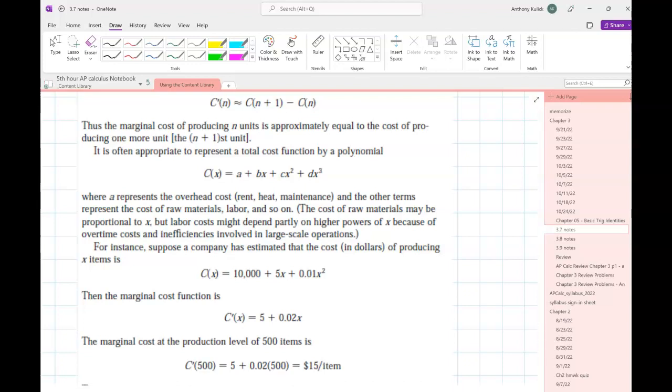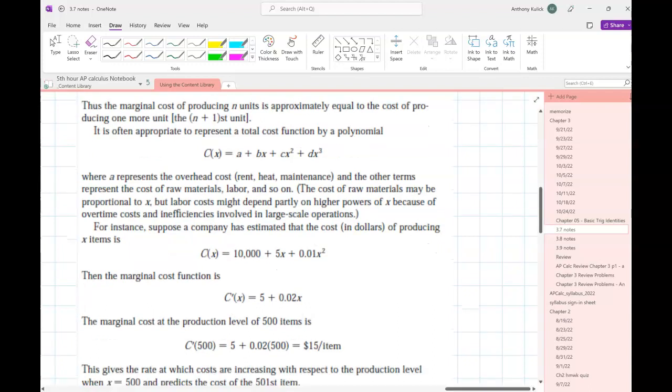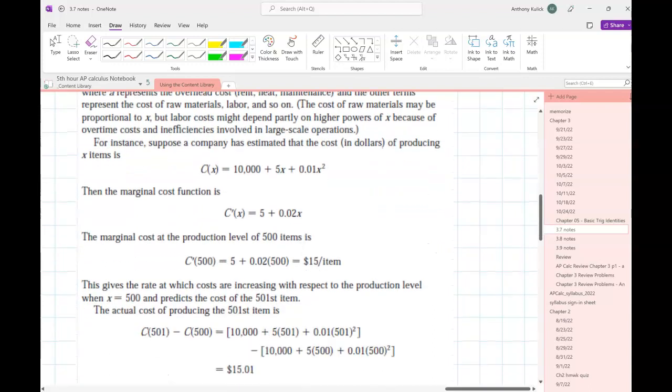It is often appropriate to represent the total cost function by a polynomial, where A represents the overhead costs and the other terms represent the cost of raw materials, labor, and so on. For instance, suppose a company has the estimated cost in dollars of producing X items, then the marginal cost is this.